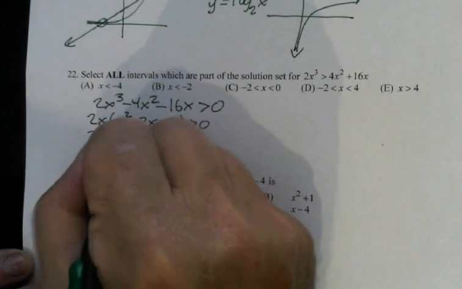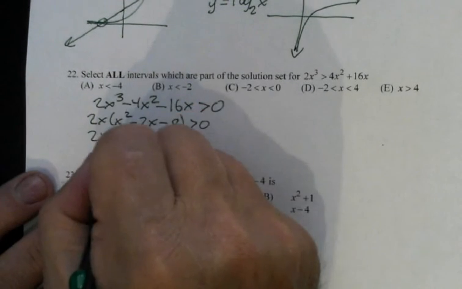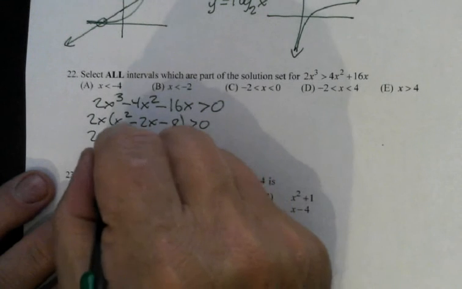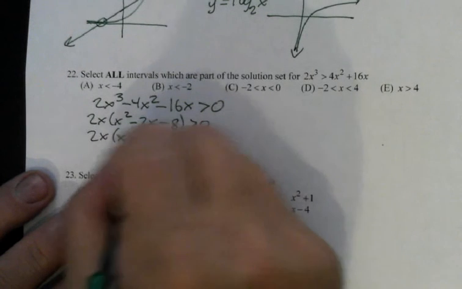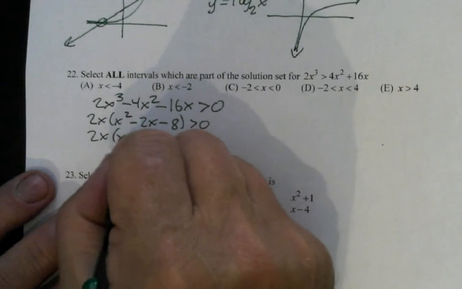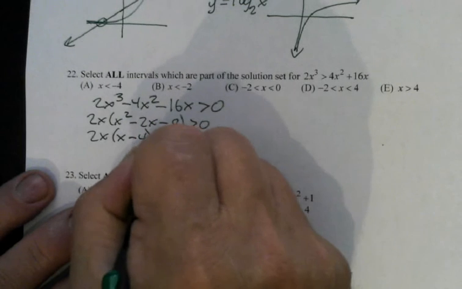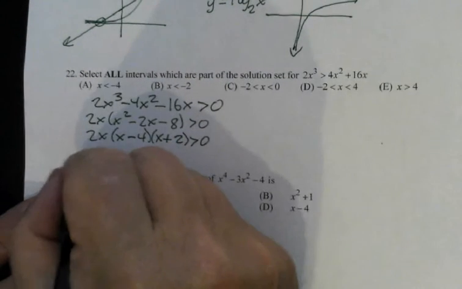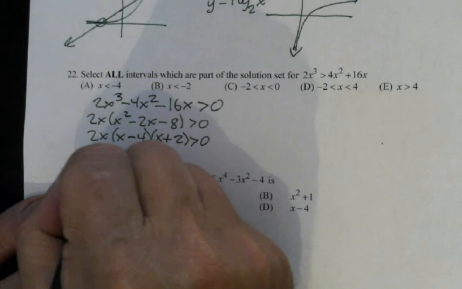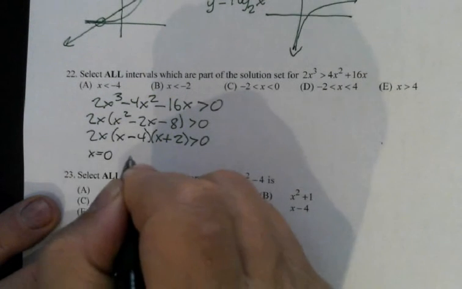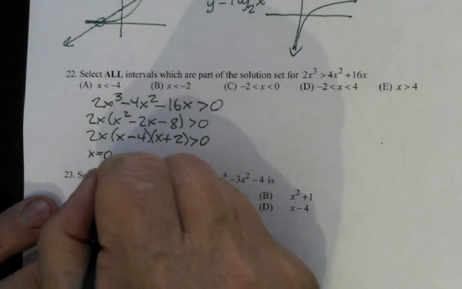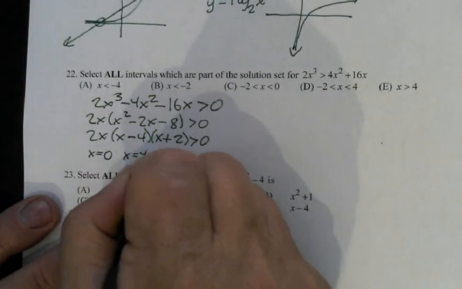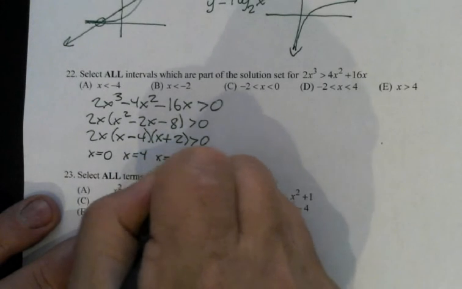Now I'm going to factor out the quadratic in here, or the parabola in here. So I have x minus 4, x plus 2. So it's going to equal 0 when x equals 0, x equaling 4, and x equals negative 2.